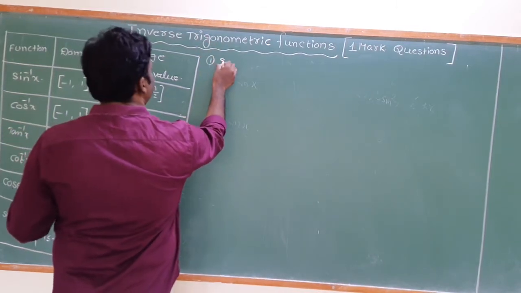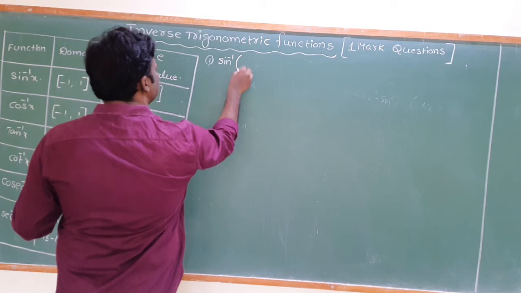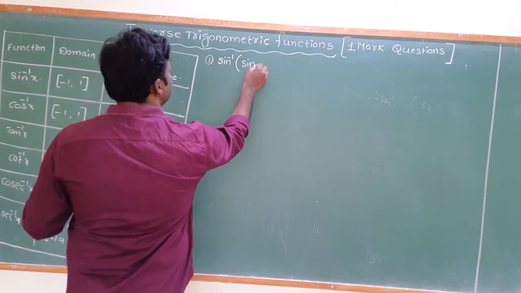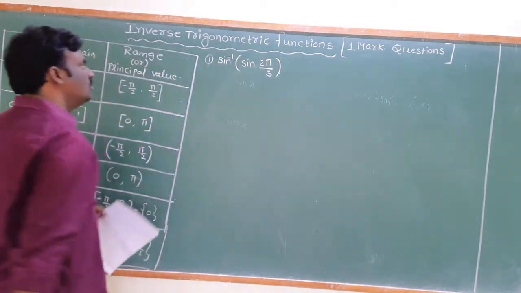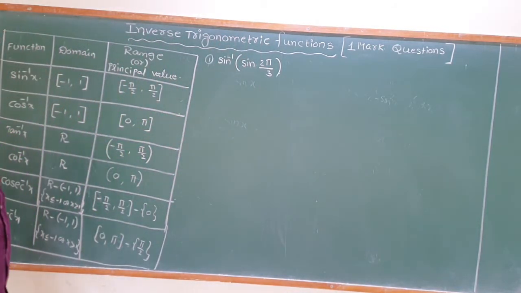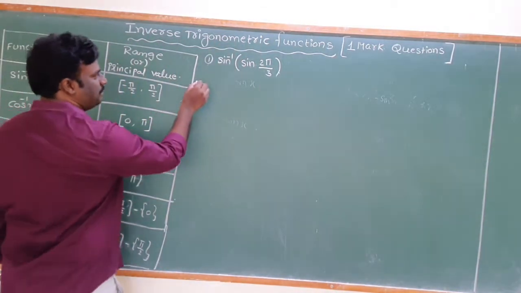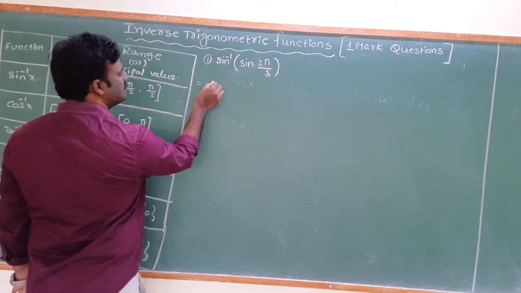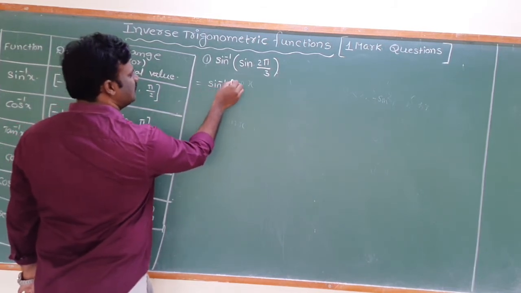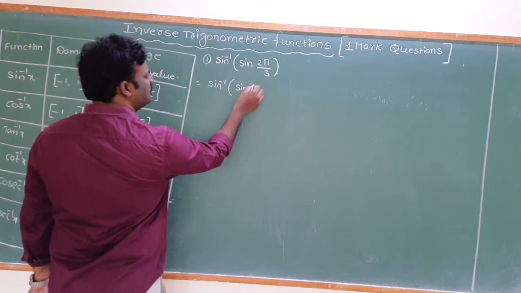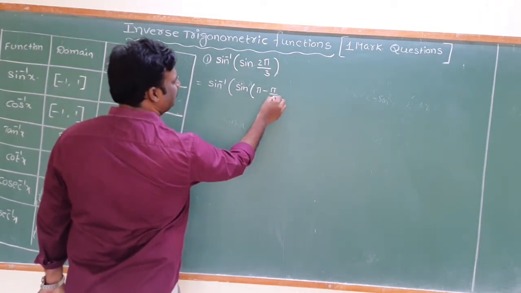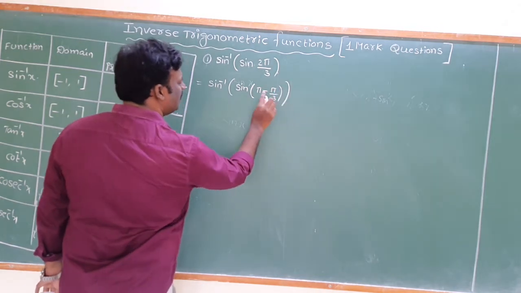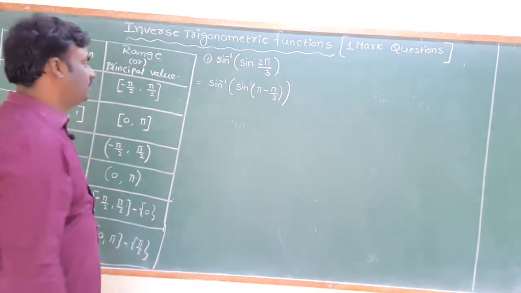Find the value of sin inverse sin 2 pi by 3. So we need to find the value of sin inverse of sin 2 pi by 3. It can be written as sin inverse of sin, and 2 pi by 3 I can write as pi minus pi by 3. Pi means 180.